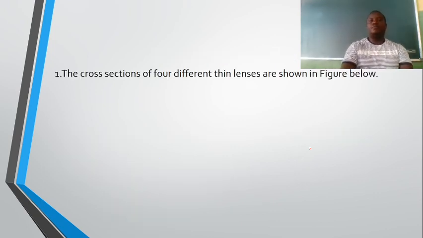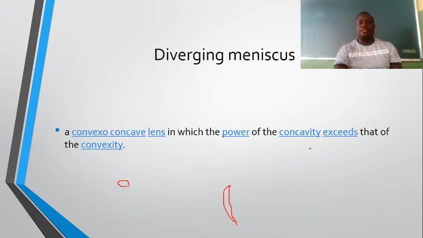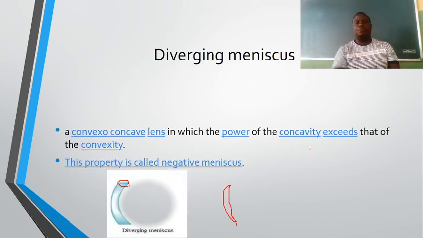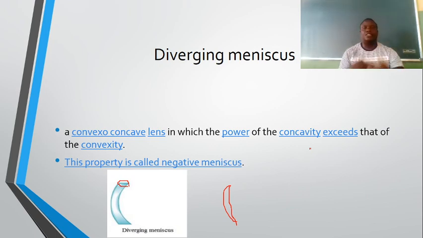So let us move on to the cross section of 4 different thin lenses. This is the assessment. You know that after every lesson, I leave you some activities so that you can exercise yourself. So the next slide will be concerned with the assessment.